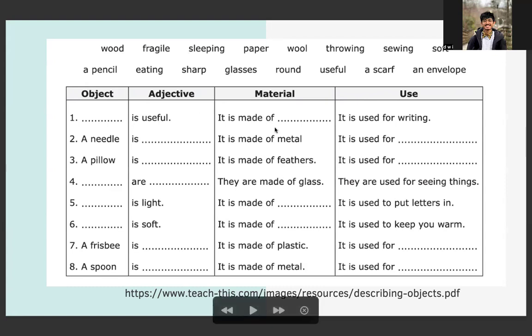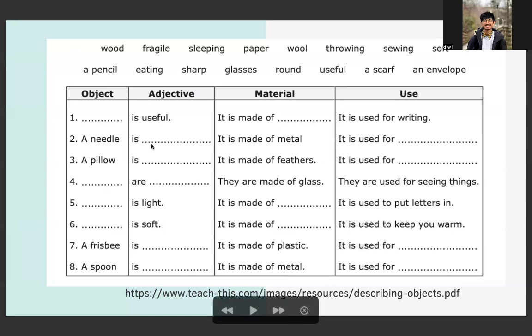Next we have needle. Needle is made of metal, of course. And it is used for what? Needle is used for sewing, of course. We make clothes with a needle, clothes, pants, whatever, dress, right?